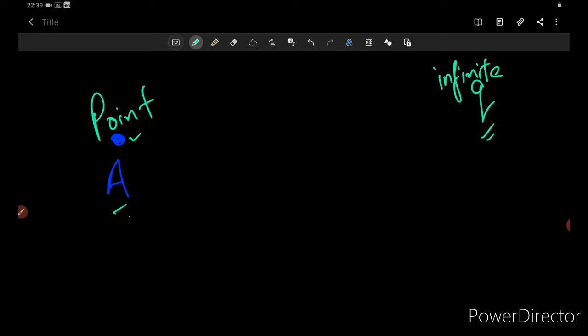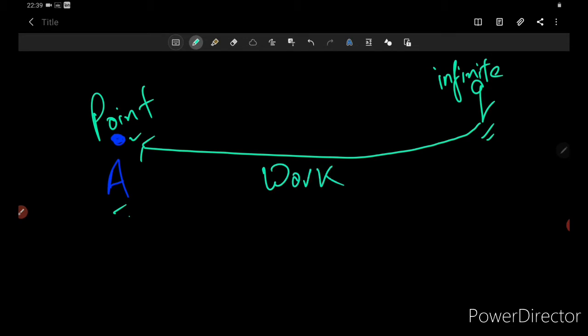Suppose I am bringing this charge from infinity to this particular point. Obviously work has to be done, right. Obviously we need to spend some energy, or we need to do some work in order to bring this charge from infinity to this particular point, right.